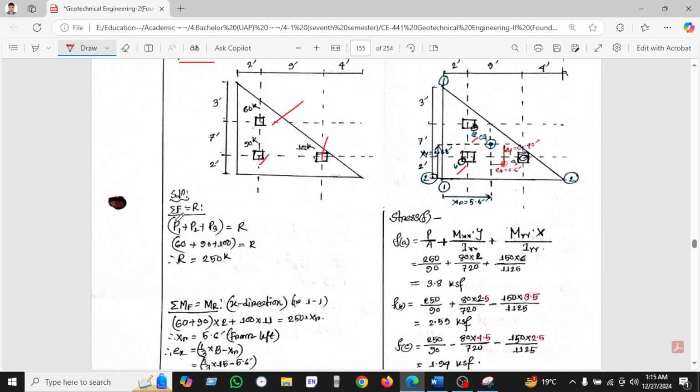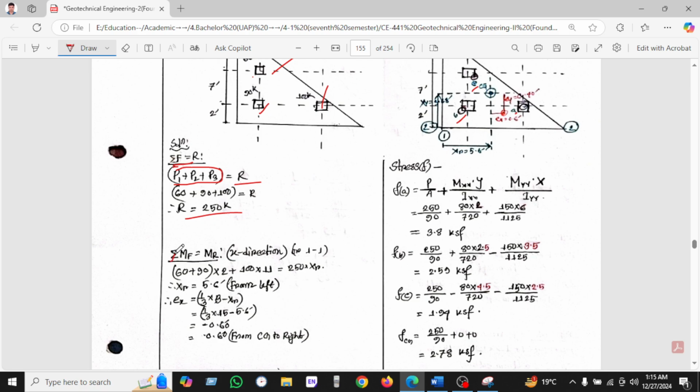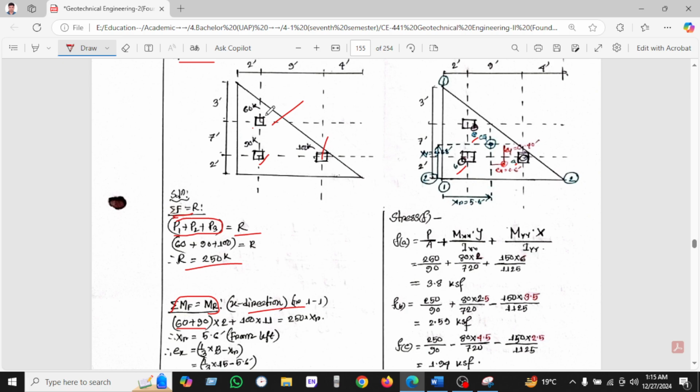So let's see. We know induced moment equals resisting moment, induced force equals resisting force, and P1, P2, P3 equal the resisting force, and found 250 kg. And now induced moment equals resisting moment in x direction, and found these two values, which are 60 into 90, with the distance 2 feet and 2 feet, and another one is 100, and the distance is 9 into 2, which is 11.